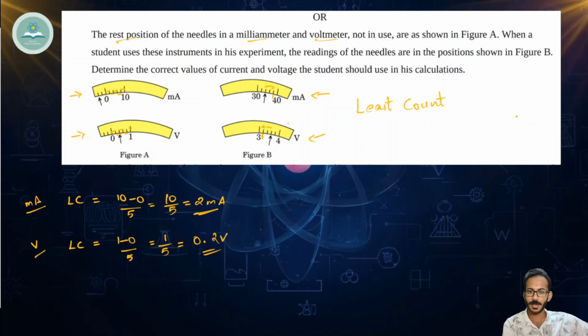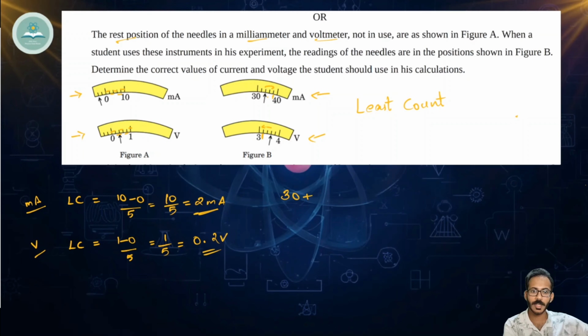Now let's come to the reading. So here the pointer is supposed to stand here. Already it has crossed 30. So each point stands for 2 milliampere. So already 30 is there, plus on which line is it standing? Here if you look at the line, it is first line, second line, third line, fourth line.